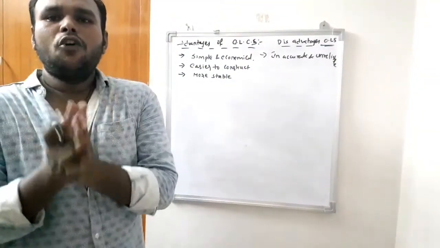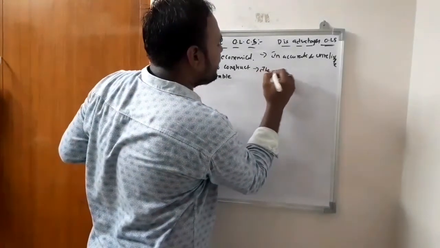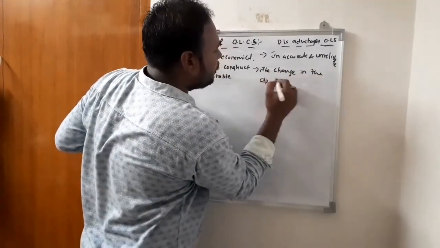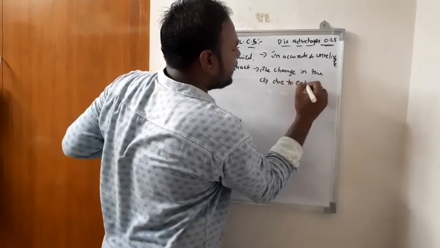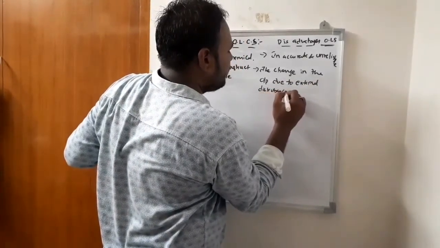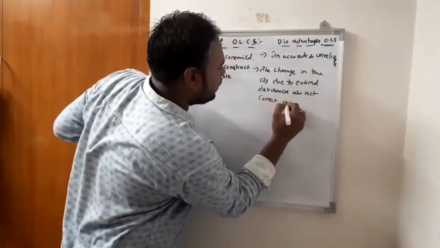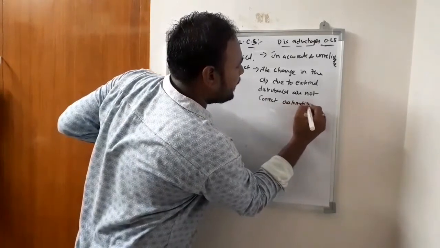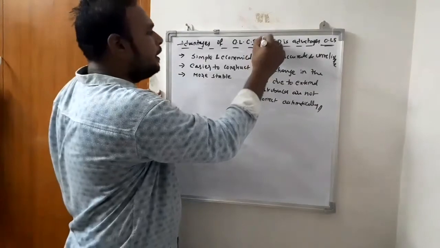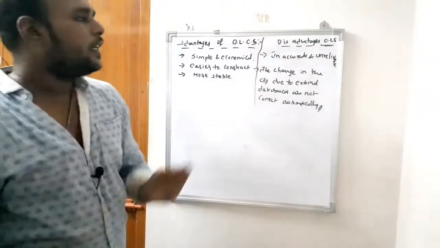The changes in the output due to external disturbances are not corrected automatically. So these are the advantages and disadvantages of the open loop control system. See the difference.